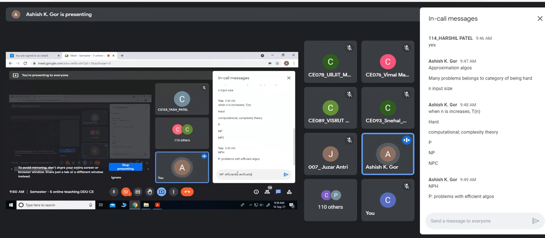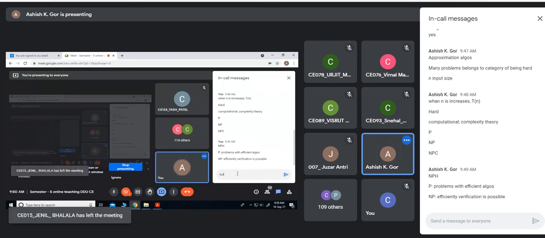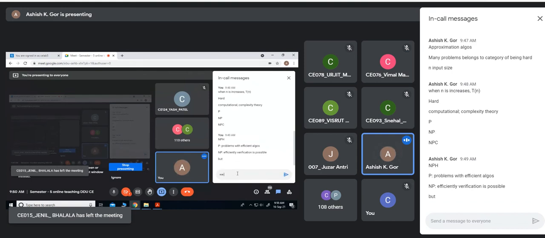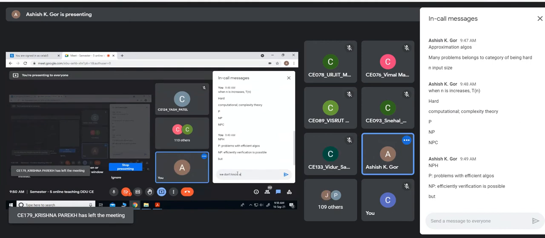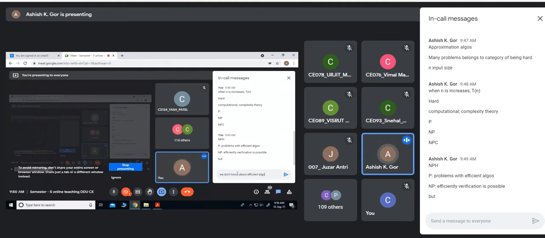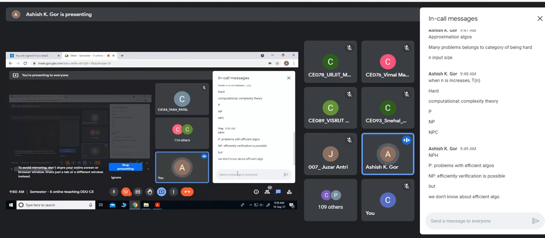Verification is possible, but we don't know about an efficient algorithm. Verification means, if you are given an output, you can check whether that output is correct or not in an efficient way, meaning in polynomial time.